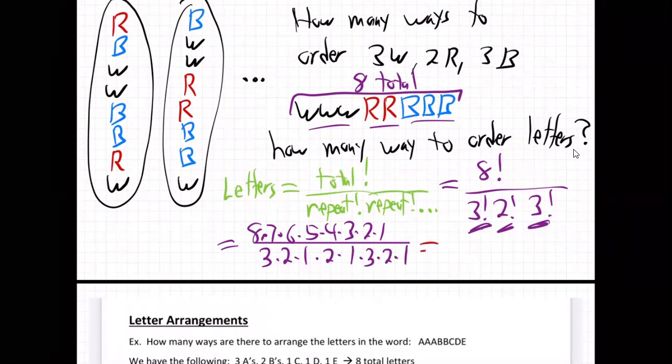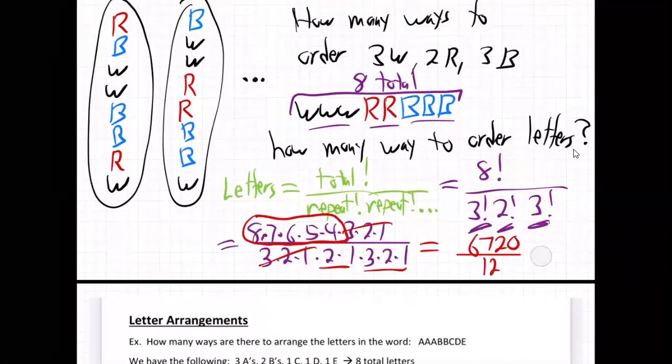All right, let's clean that up. 3, 2, 1 cancels 3, 2, 1. So I'll just multiply the rest: 8 times 7 times 6 times 5 times 4. I'm getting 6720. 2, 1, 3, 2, 1, that's a 12. And so that'll equal 560.